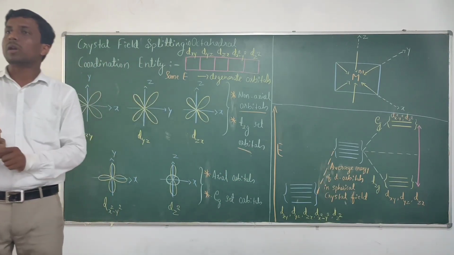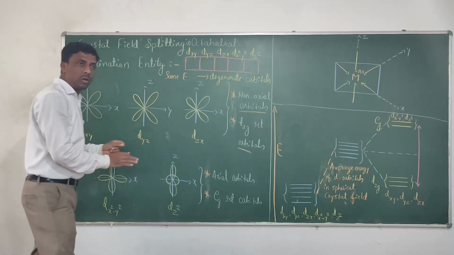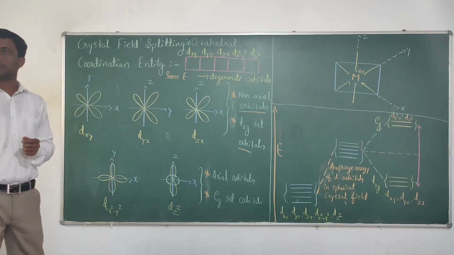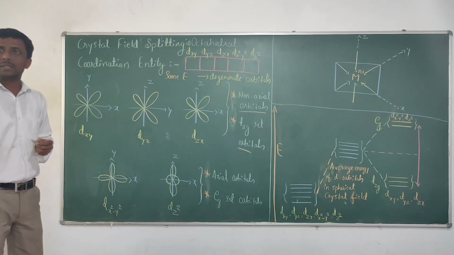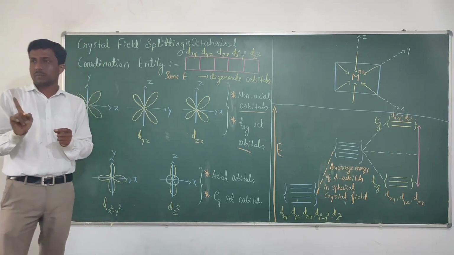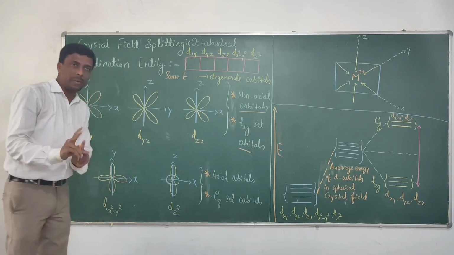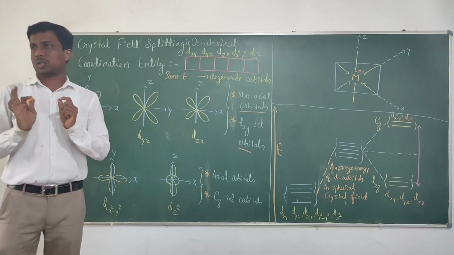Here you have to remember the direction of the lobes for these 5 orbitals. 3 orbitals have their lobes in between the axes. Please remember this point. Second, 2 orbitals have their lobes exactly on the axis.